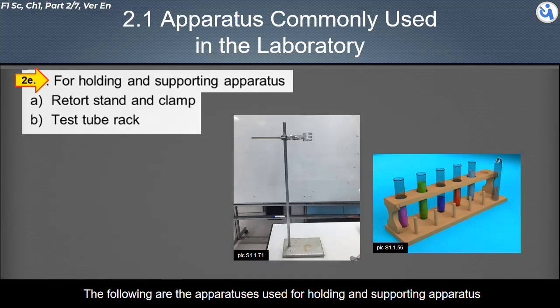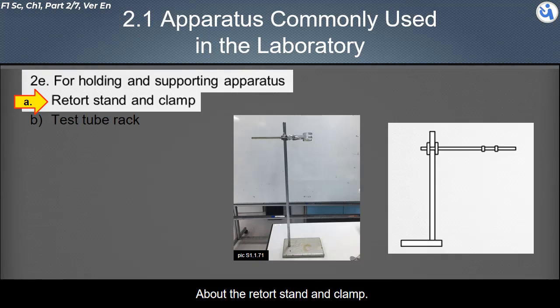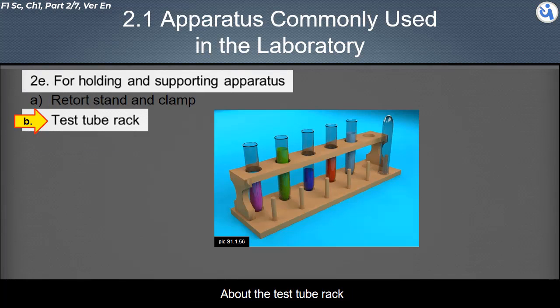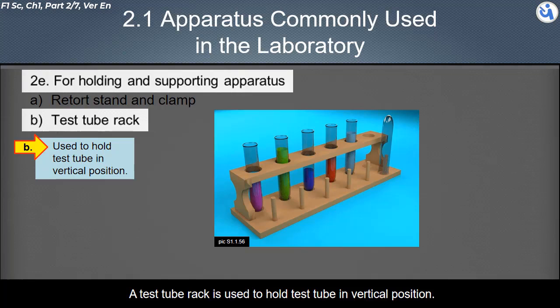The following are the apparatus used for holding and supporting apparatus. About the retort stand and clamp. A retort stand and clamp are used to hold apparatus. About the test tube rack. A test tube rack is used to hold test tubes in a vertical position.